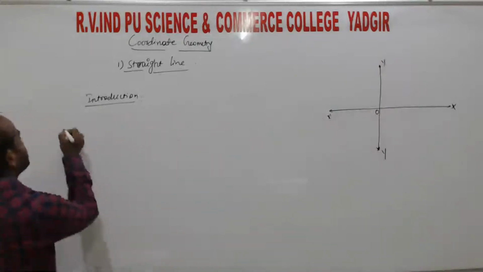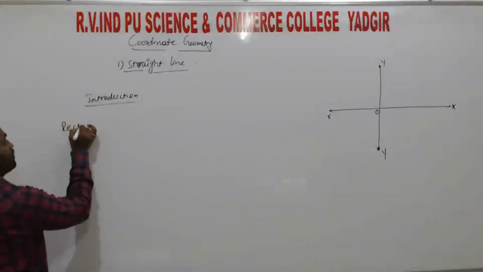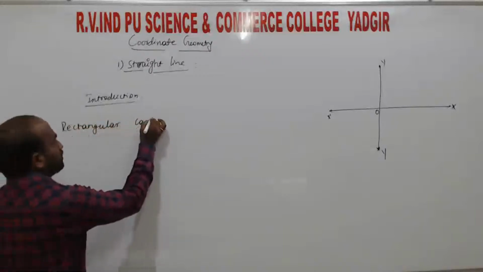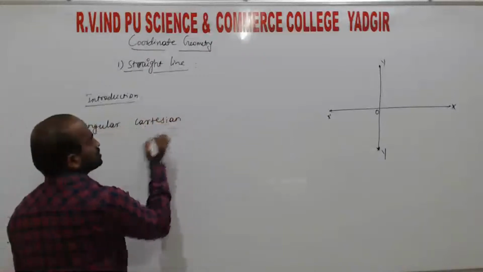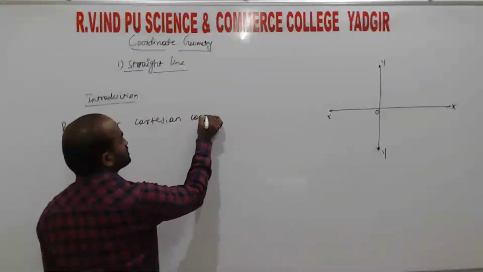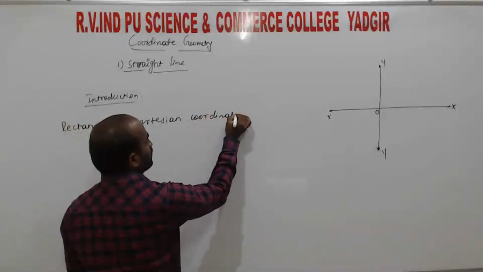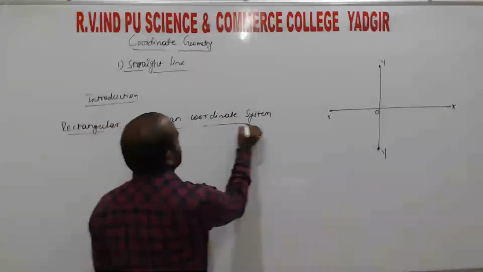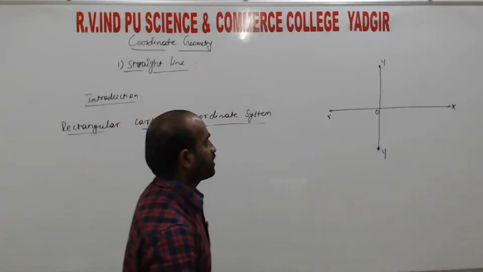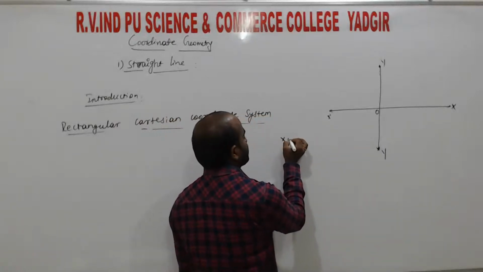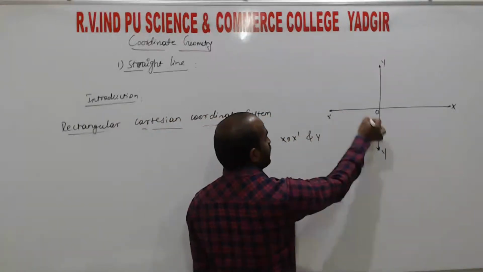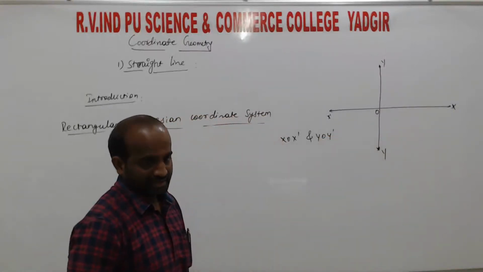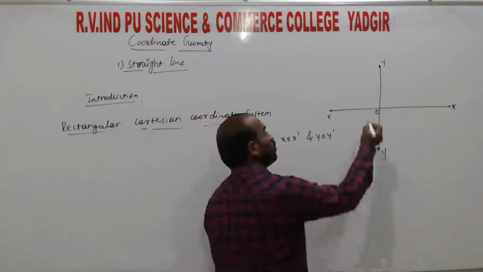Next, the rectangular Cartesian coordinate system. Consider two mutually perpendicular lines, XOX dash and YOY dash, intersecting at O.